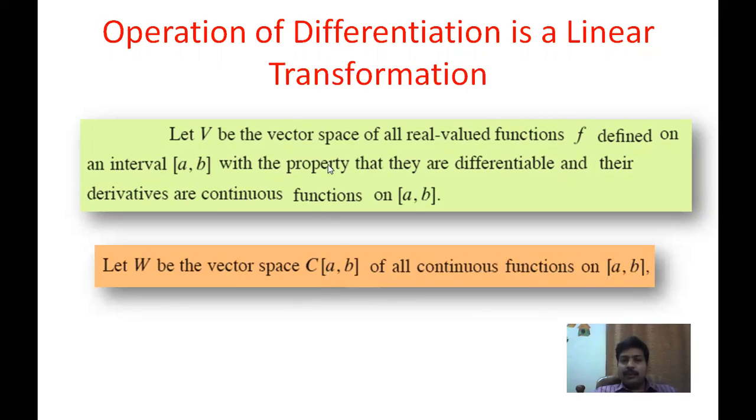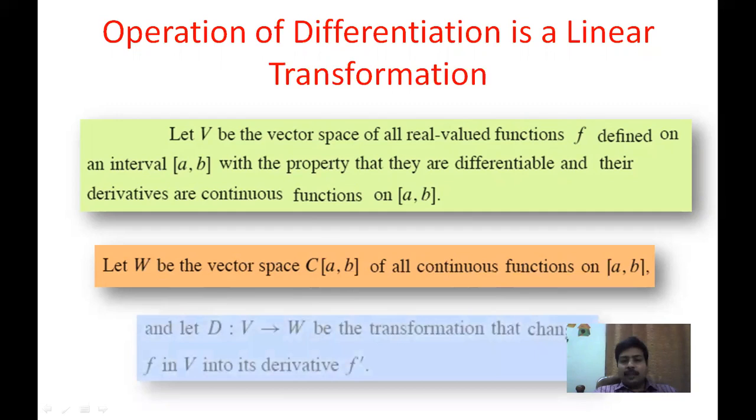So V is the set of all real valued functions defined on [a, b] and differentiable, of course, and W is all continuous functions on closed interval [a, b].